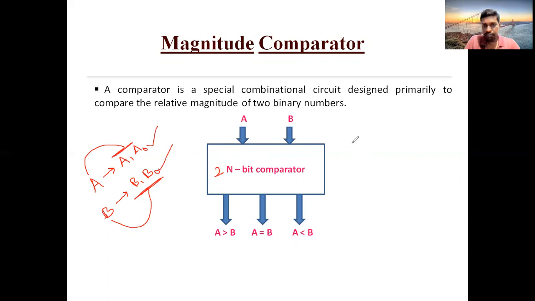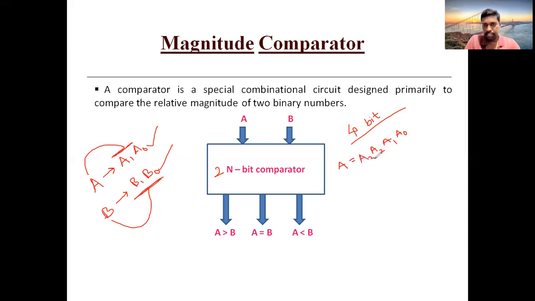Suppose it is a 4-bit comparator, for example. How will the inputs be? A should be written as 4 bits, like A0, A1, A2, and A3.